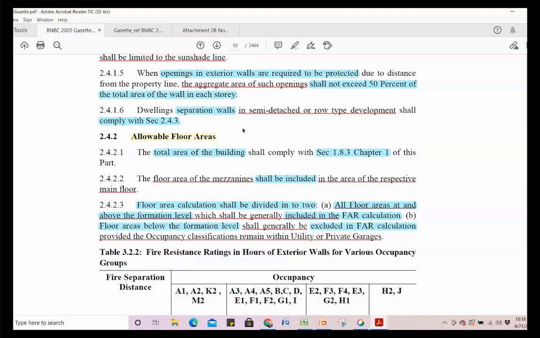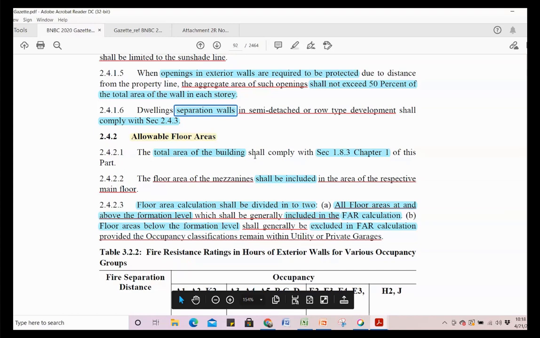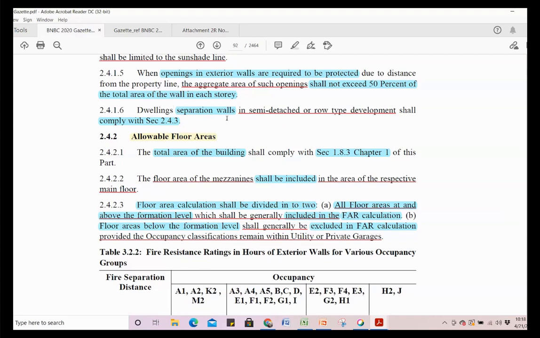The other general information here says that the separation walls in semi-detached or row type development shall comply with section 2.4.3. So there is another reference to section 2.4.3. It is somewhere down the road, and it will comply with this particular section.